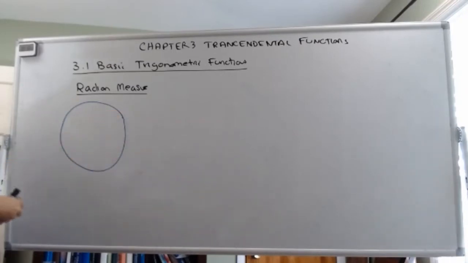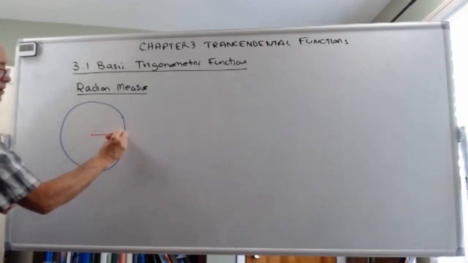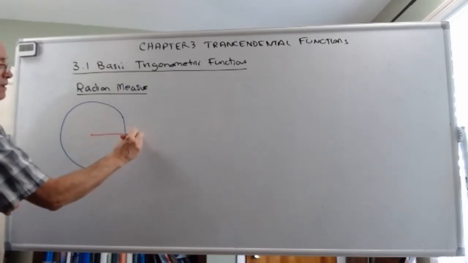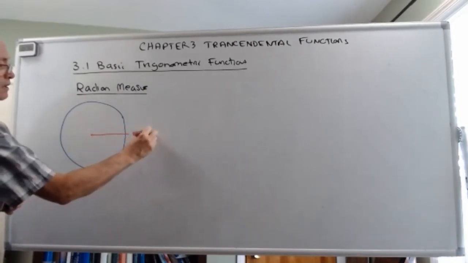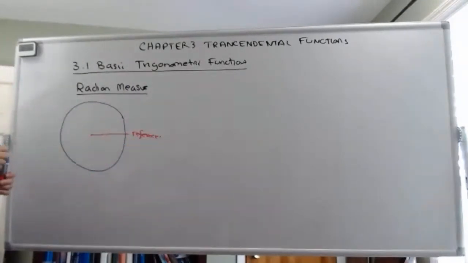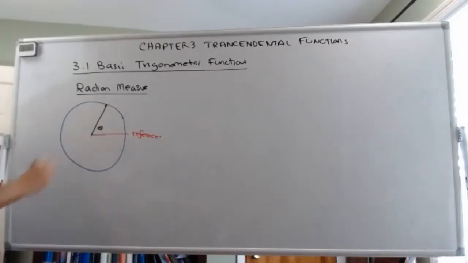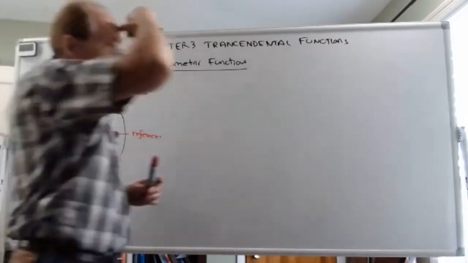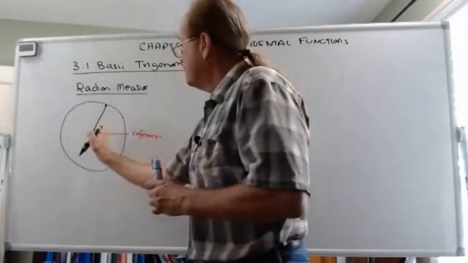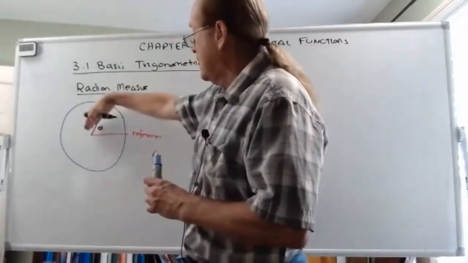And we start with our reference side over here. At the center, we have our reference side, something to reference our angle from. And say we come over here and we form an angle, and we call that angle theta. Well, degrees would be the measure of that angle.